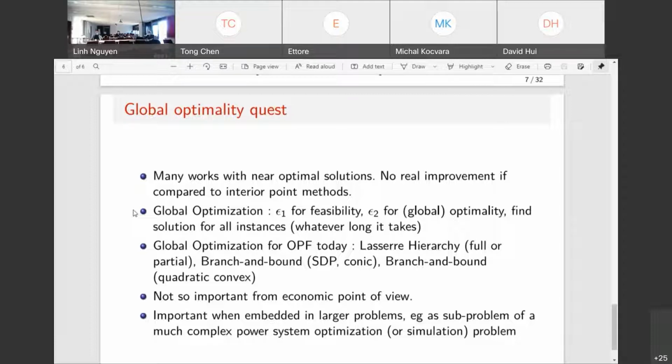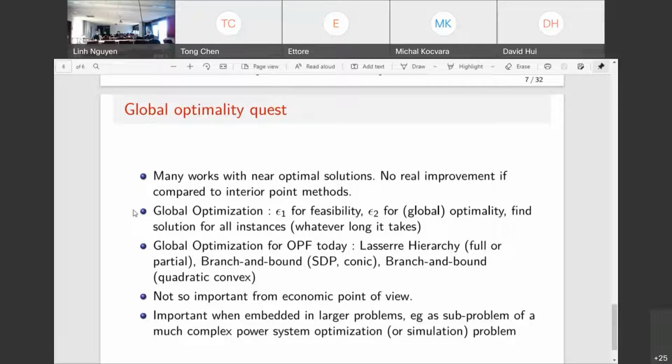So the American approach in these works is to have 1% optimality. From our European point of view, it's bad. It's really not enough. Global optimality is not, well, I solve 90% of academic instances to 1%, and I'm fine. This is not correct.